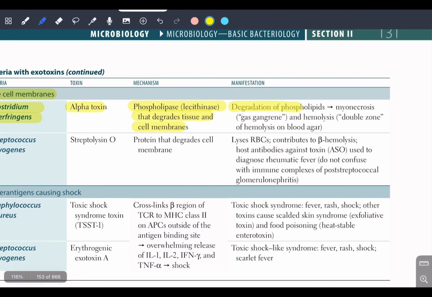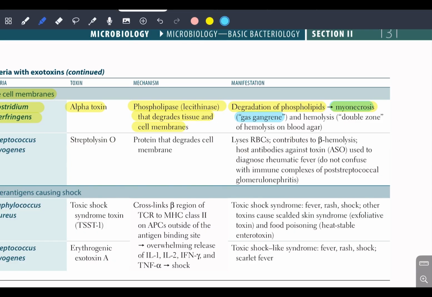When degradation of phospholipids occurs, it causes myonecrosis, necrosis of the muscle, and causes gas gangrene. With respect to exams and clinical practice, this point is very important. Myonecrosis or gas gangrene is caused by degradation of phospholipids, and the most common cause is Clostridium perfringens, which produces a toxin called alpha toxin.